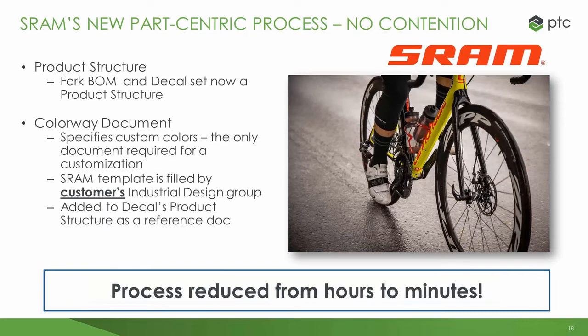By switching to a part-centric process, they now create parts in Windchill PDM Link to represent the decals, and then relate the Illustrator files to the decal parts. They can then very quickly create new parts and a new bill of material for the decal combination. There's no waiting for drawings to update, and the downstream roles now have rapid access to the correct information without waiting for the re-release of a complex set of drawings.